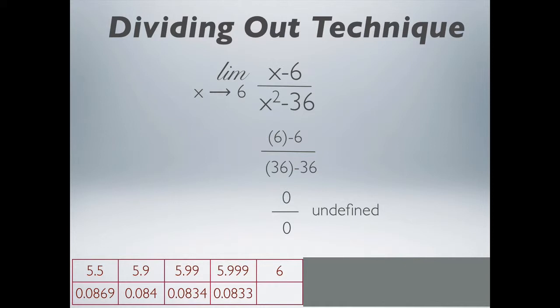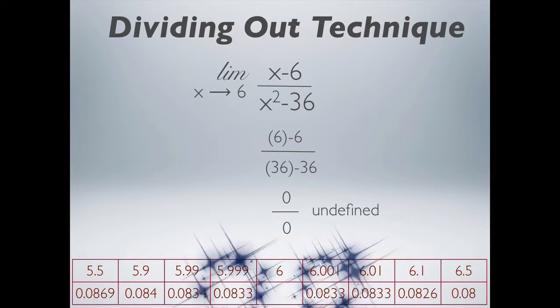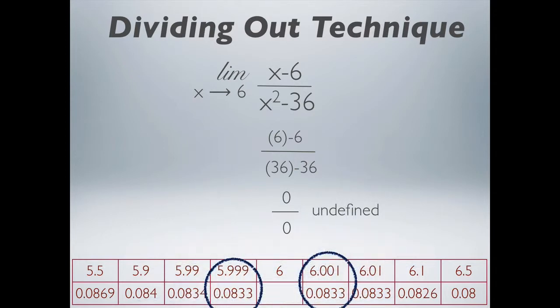Now let's try a different set of numbers. Now what do you notice? We have shown that the function is approaching 0.0833 as x approaches 6.